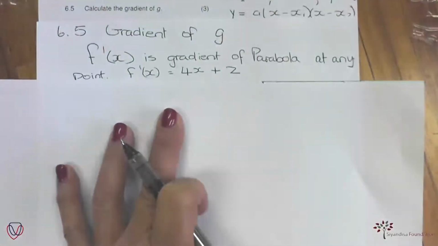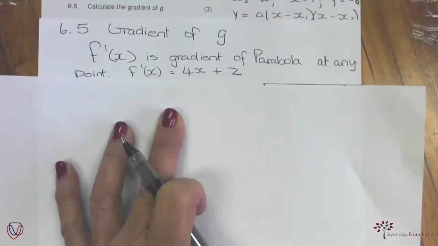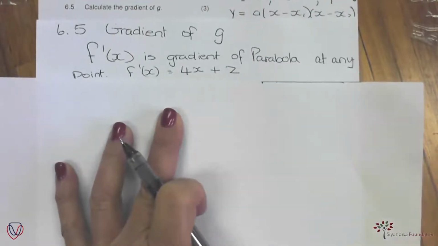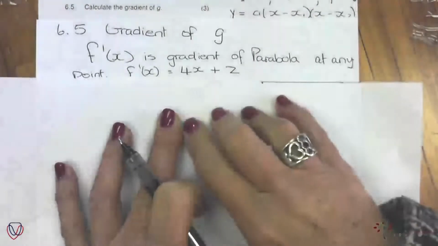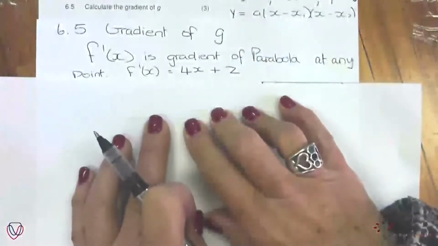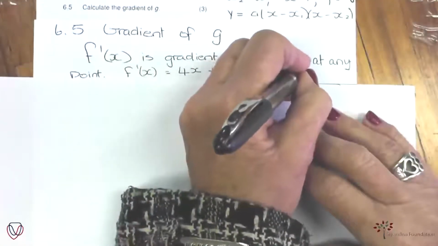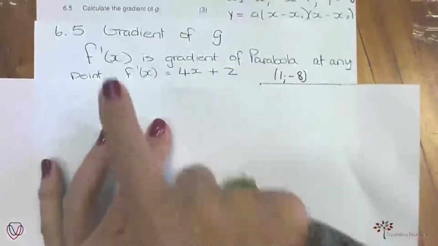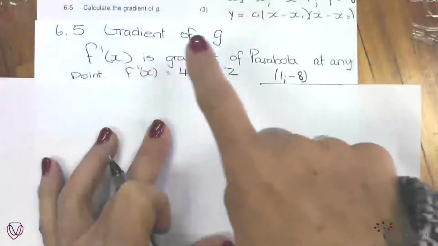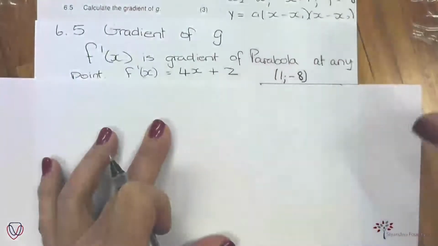I wrote it there so that you can write it down and make sure you remember it. So, this is the formula for the gradient on my parabola. But the parabola touches at 1 and negative 8. Now, I said the first derivative is the gradient of the parabola at any point.